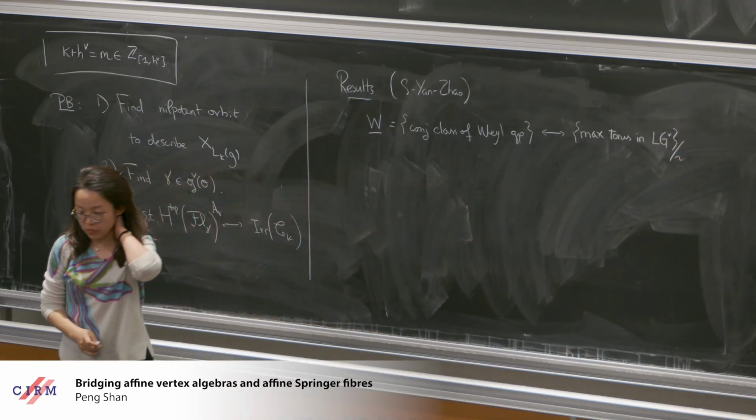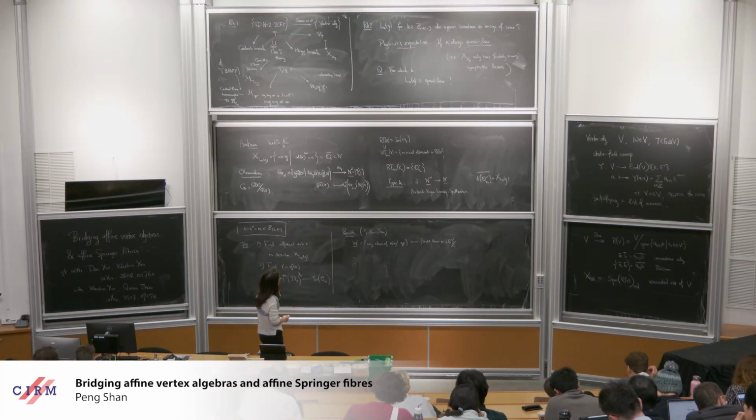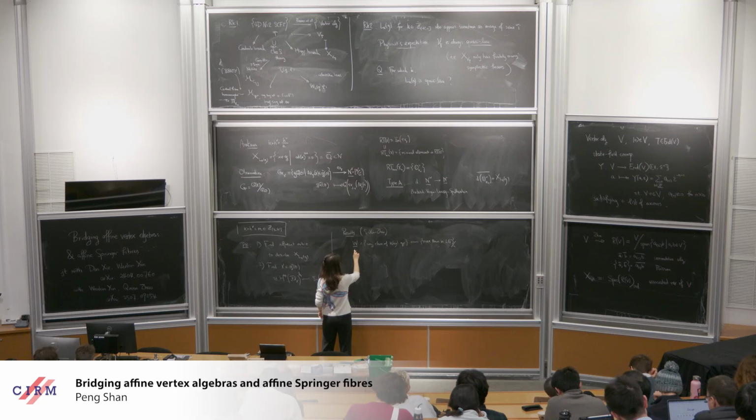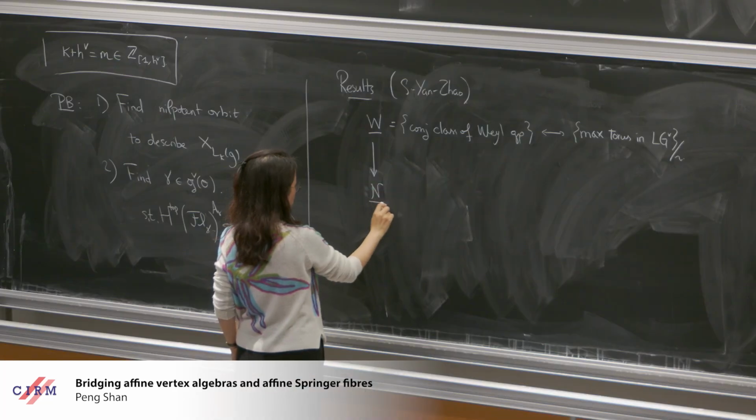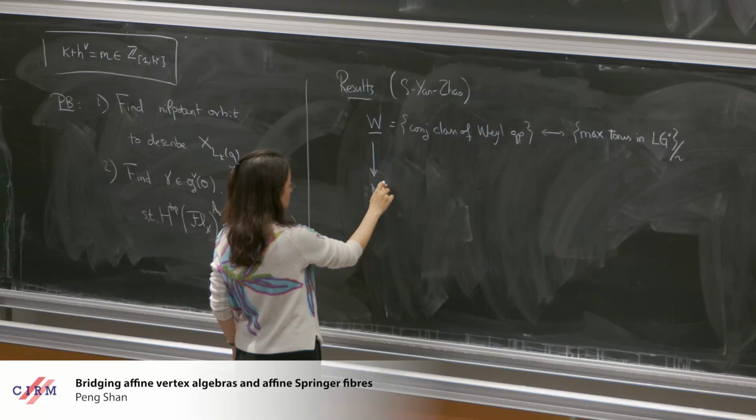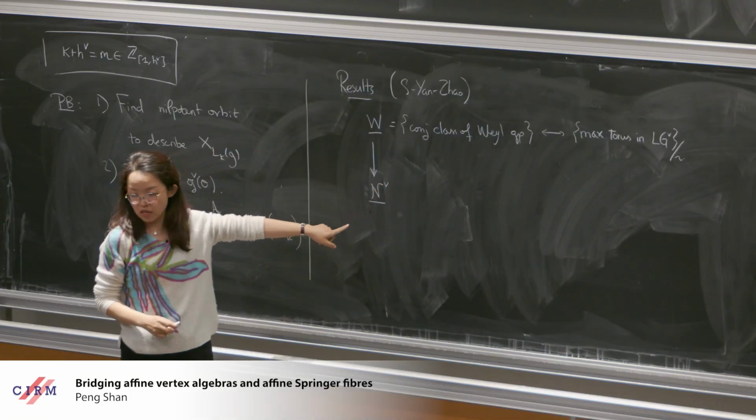And so the map RT-min I described to you is really a map from these conjugacy classes of the Weyl group to the nilpotent orbits. I will work on the dual side here.